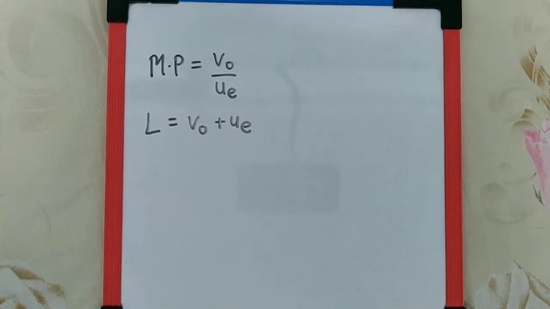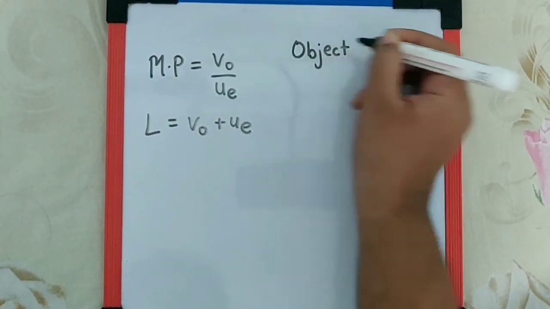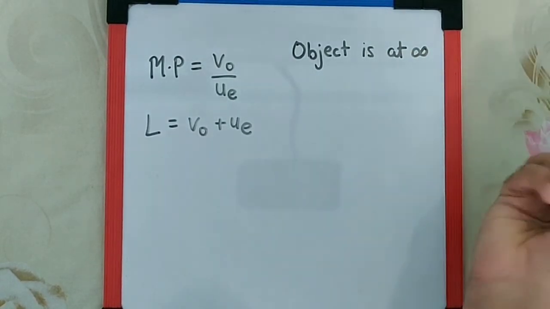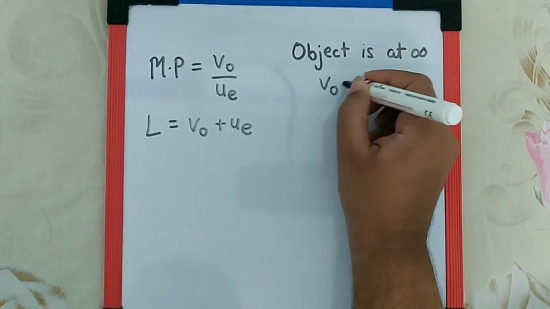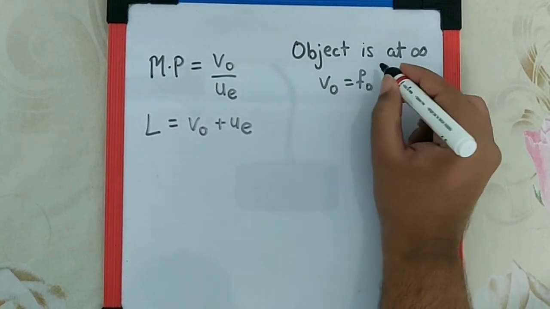Now every time when we wanted to substitute the values for VO and UE, we have used Lensmaker equation, correct? And in that we got two special cases if you concentrate. The first case where object is at infinity. In that case VO is FO, that is the most important thing.